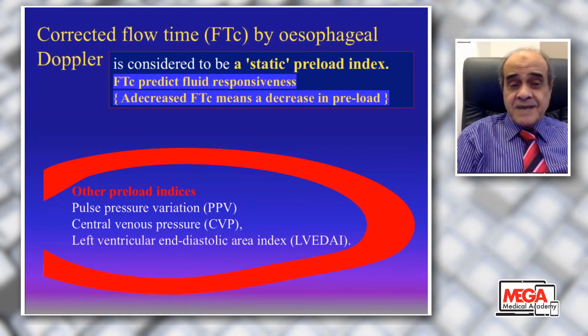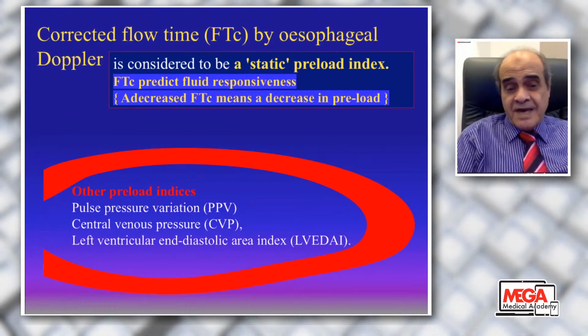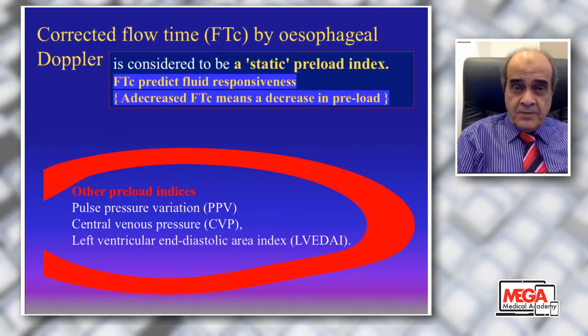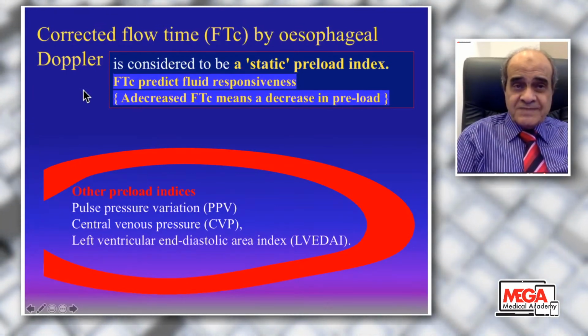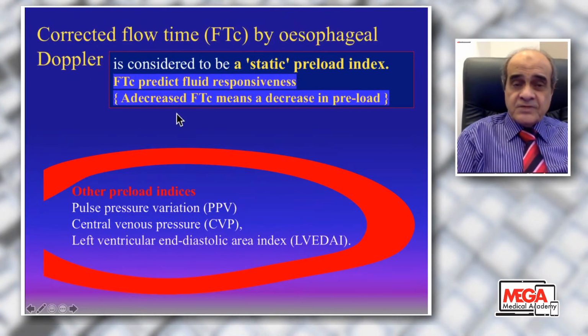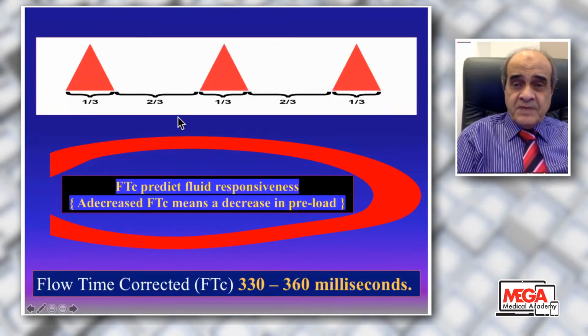All these are parameters utilized for evaluating the intravascular volume in our patients, in addition to the specific one, which is corrected flow time through esophageal Doppler, and also the peak velocity.